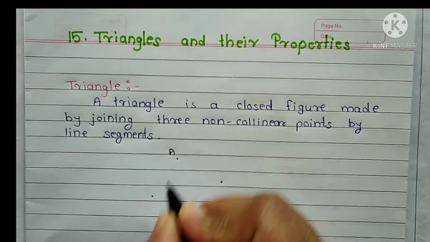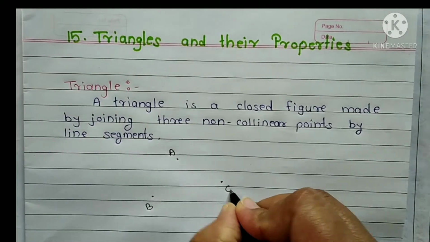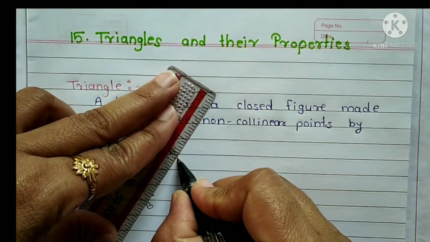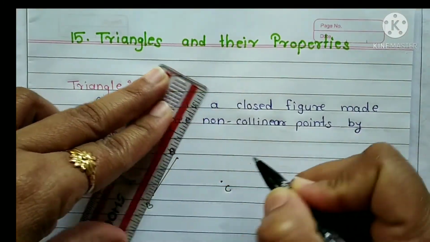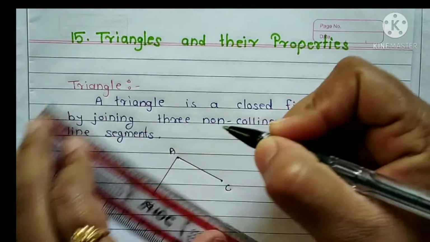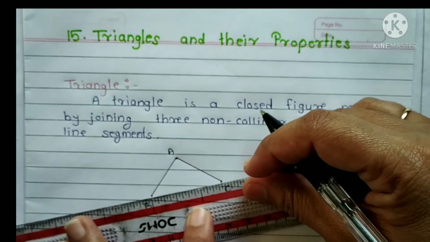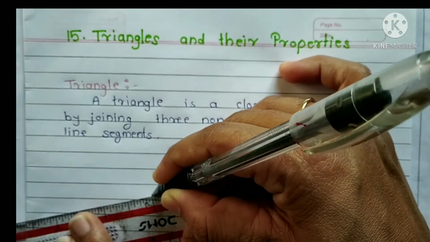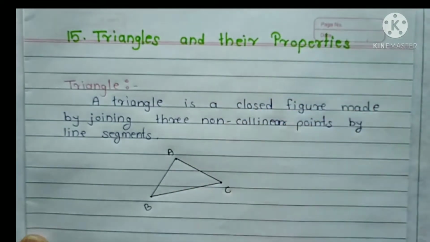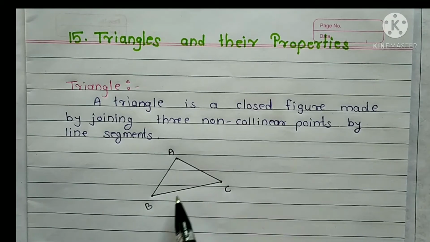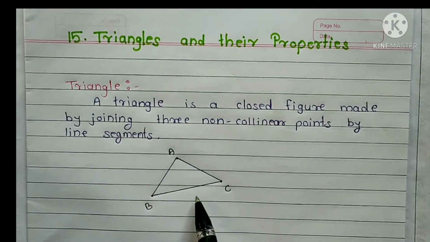This is point A, point B and point C. Now these 3 points are joined. After joining these 3 non-collinear points, we get this figure, and this closed figure is called triangle.